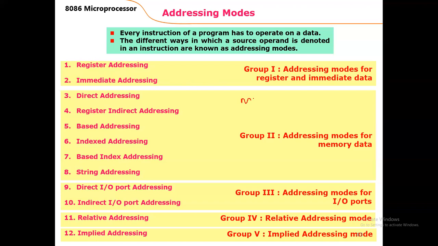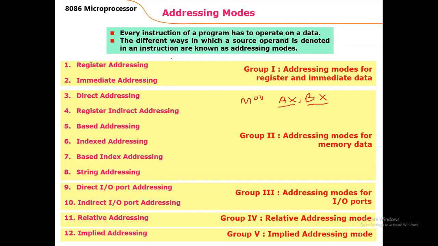Suppose MOV AX, BX. This is a data transfer from the BX register to the AX register. Register to register transfer.